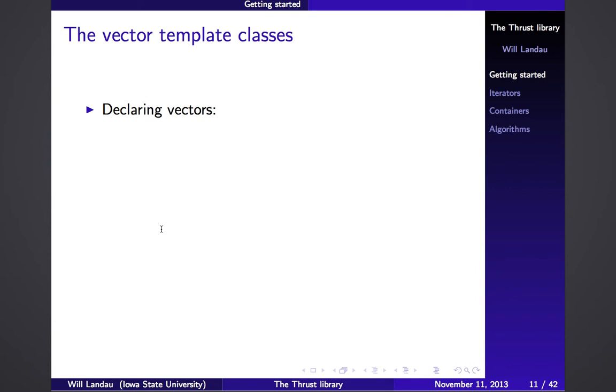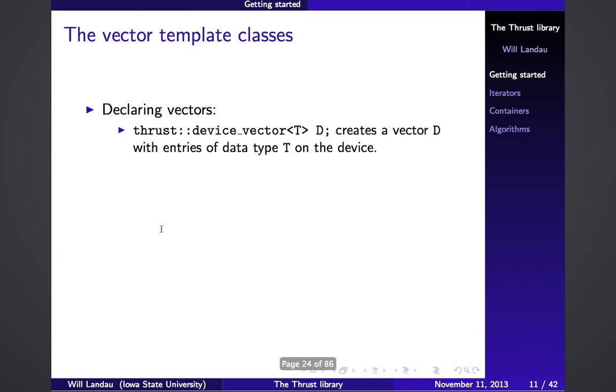Now I mentioned this thing called vectors. What are vectors? Vectors are a kind of storage template class. A vector isn't exactly a class, it's a template class. To create one, I call thrust device vector, angle brackets, T, where T is some type, and D is the name of the device vector.